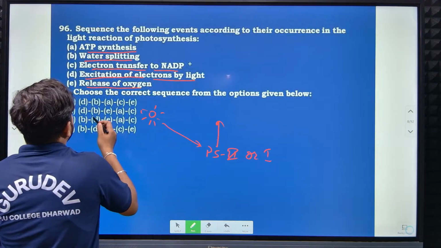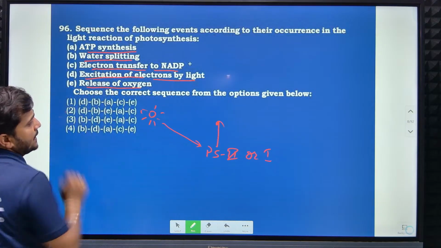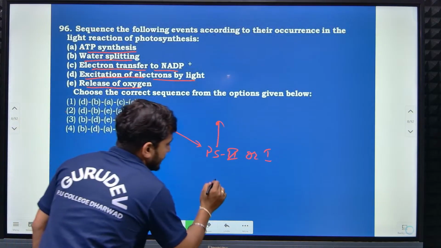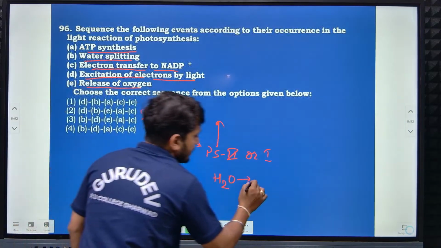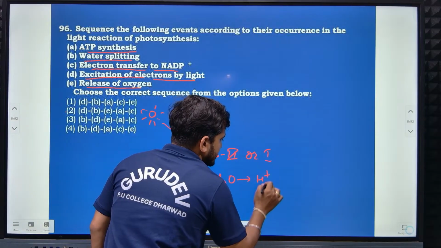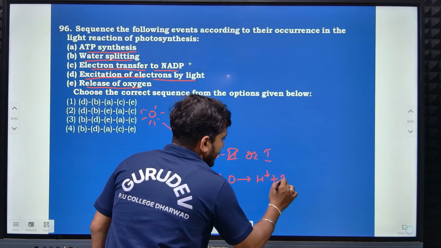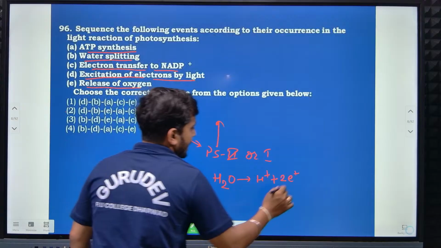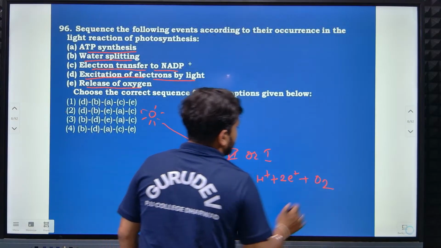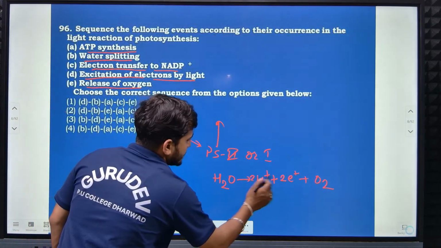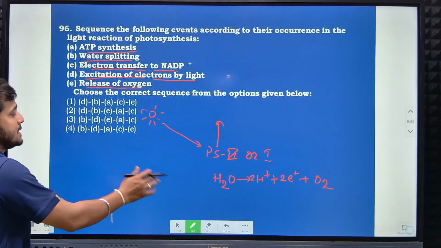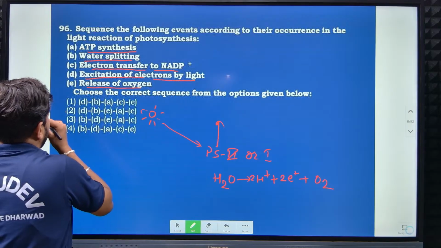Later, water splitting occurs. That is what we call photolysis of water, which gives H plus and 2 electrons, and the release of an oxygen molecule. So 2 protons and 2 electrons are released with respect to the photolysis of water.